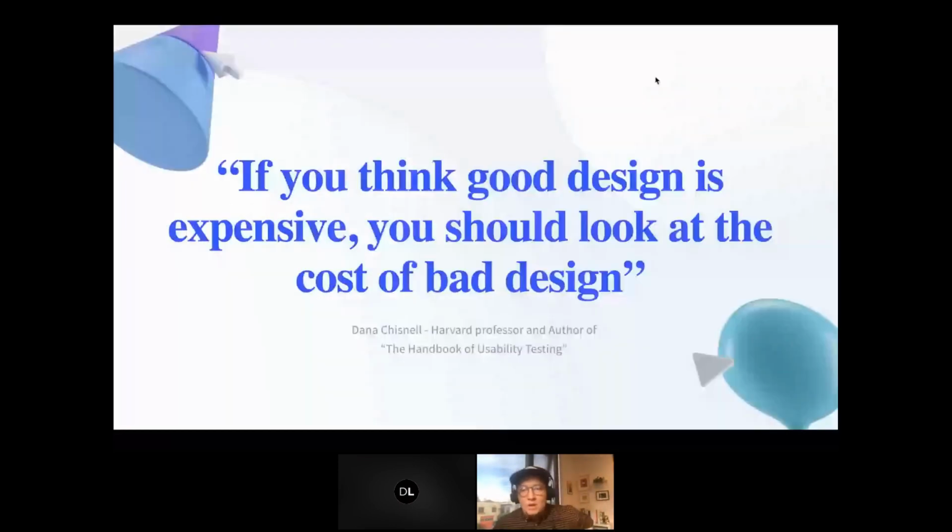And if you think about what makes good versus bad design, ultimately we should be thinking not about how expensive good design is, but about the cost and implications of bad design. And really the golden ticket to avoiding bad design is through research.